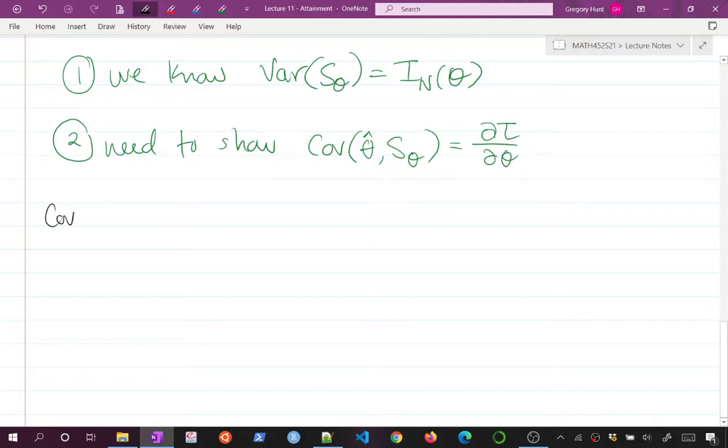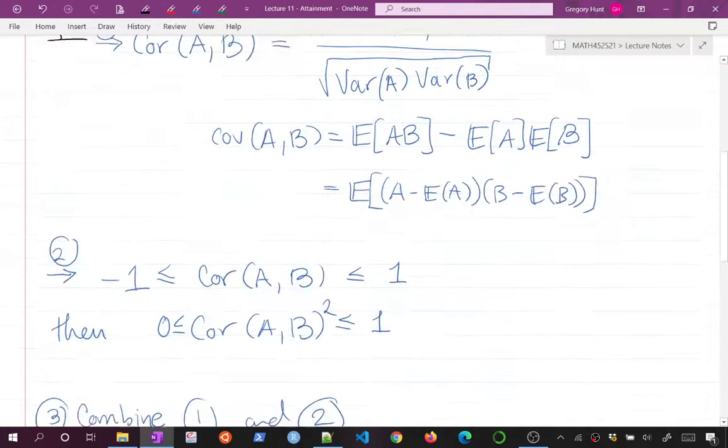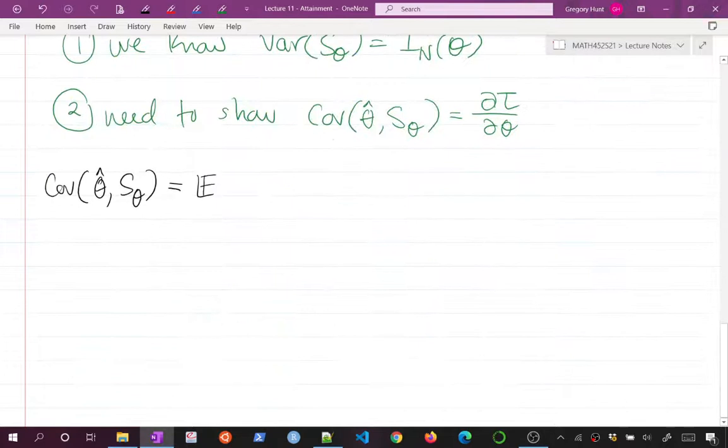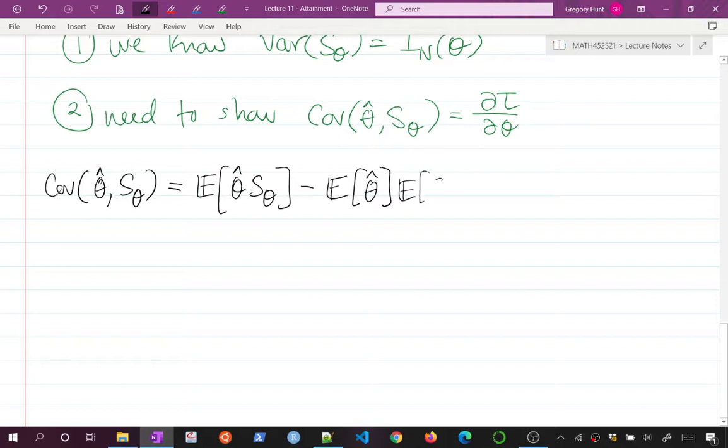The covariance between theta hat and the score is, by my shortcut formula, the expectation of the product minus the product of the expectations. So the expectation of the product is theta hat times the score, and then I subtract off the product of the expectations, the expectation of theta hat times the expected value of the score.